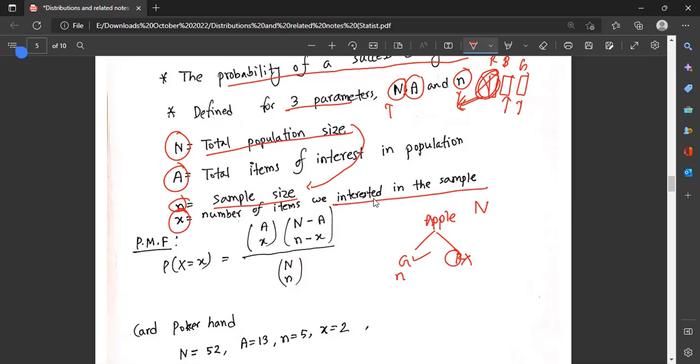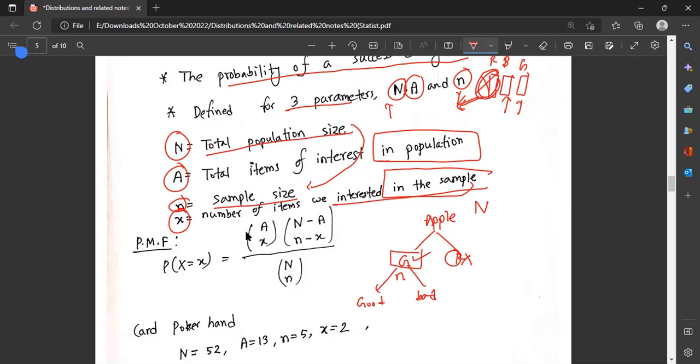So you see we have 2 different things. Here is the sample, in the sample, okay? And here is the population. So the sample is a narrower part, okay? Like for the green apples, you can think about how many of them are good and how many of them are bad, right?